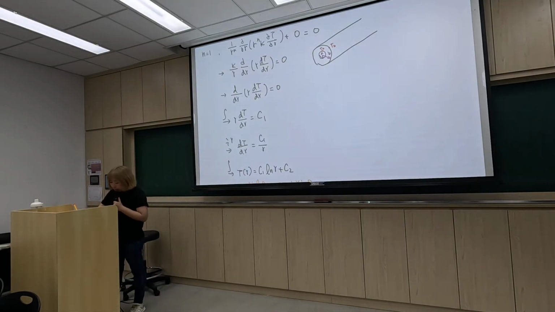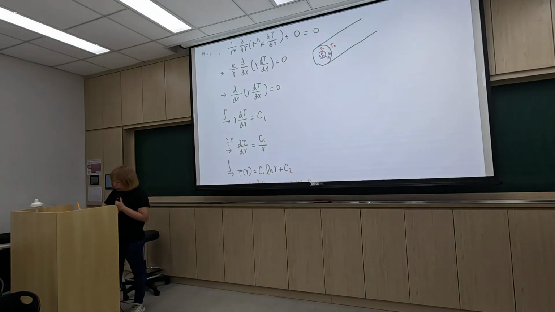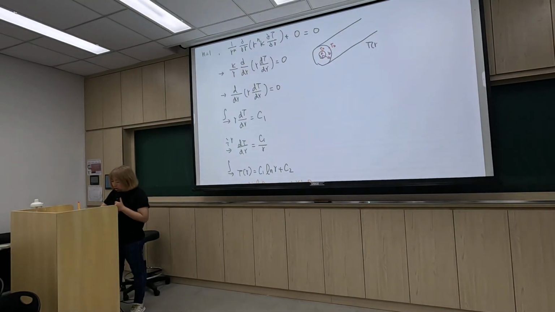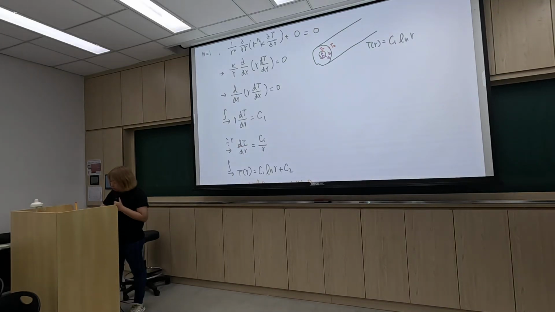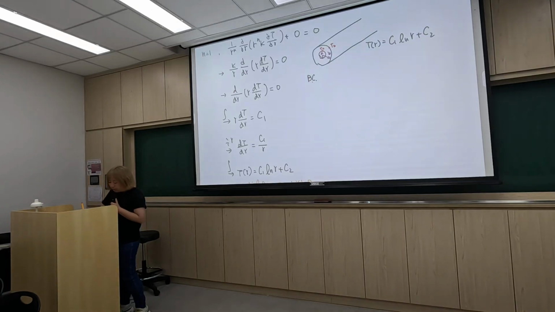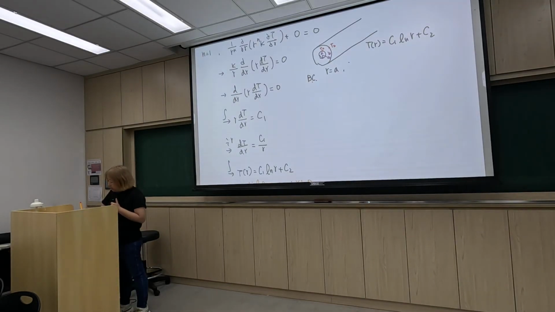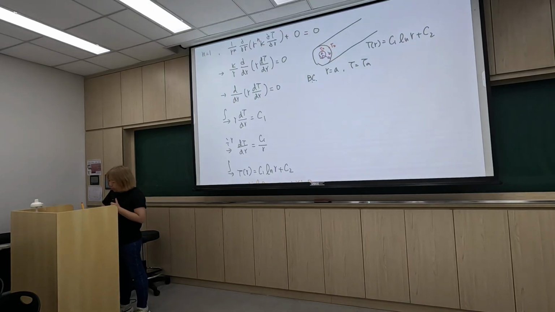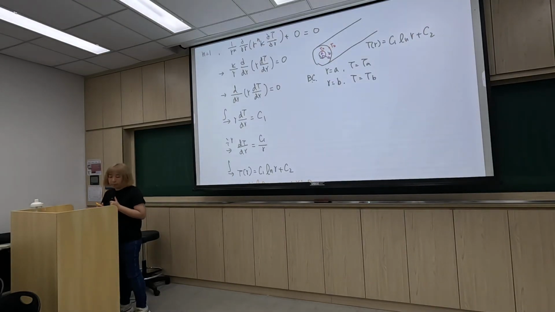Okay, so let's write down the governing equation again, and these are the boundary conditions. So T(R) equals to C1 ln R plus C2. Then the boundary condition is when R equals to A, then T equals to TA. When R equals to B, then T equals to TB.